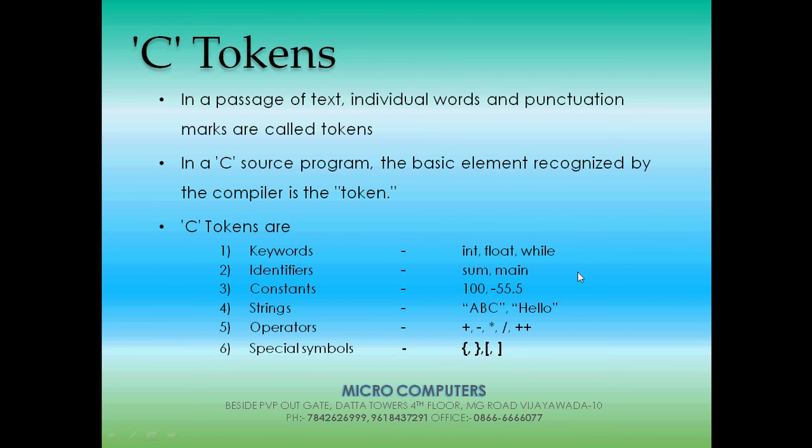All the keywords are reserved keywords, and identifiers are like sum, main, constants like 100, -55.5, strings like "ABC", which should be written with double quotes, operators like plus, minus, star, front slash, and special symbols like curly braces and square braces.